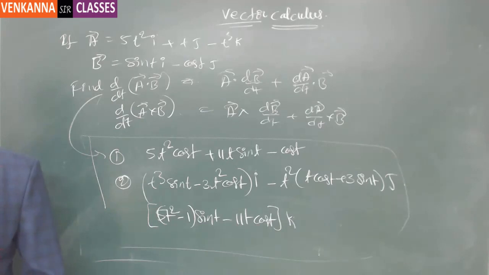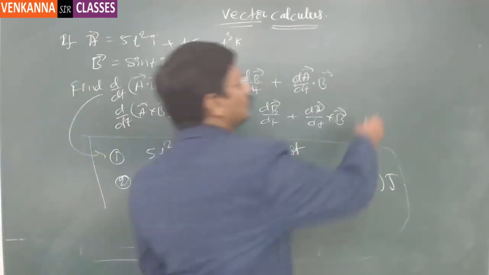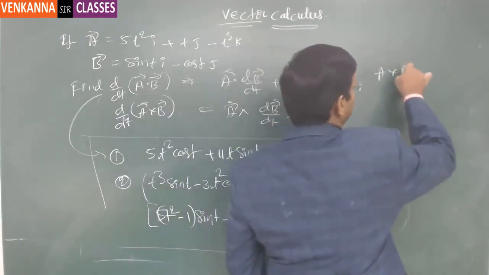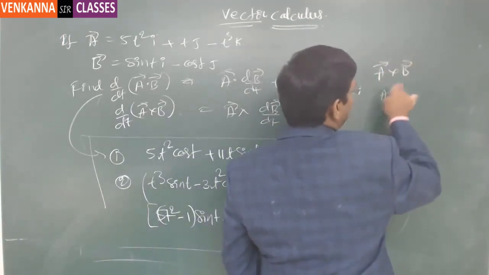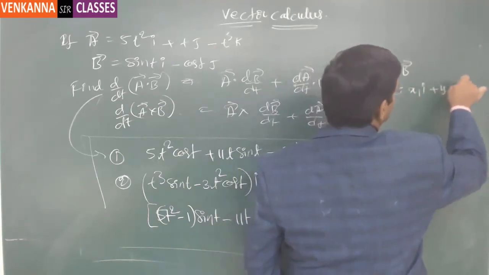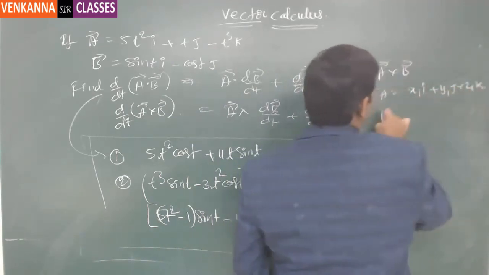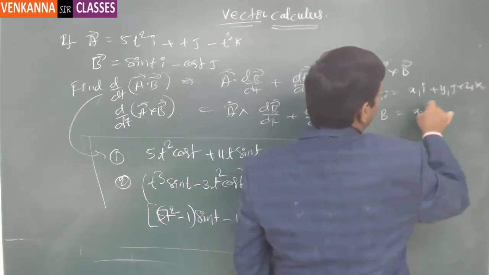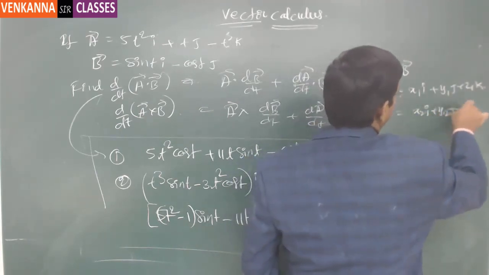Done? I hope you are aware of the fact that if you want to do the cross product, let us say A is equal to x1 into i plus y1 into j plus z1 into k, and B is equal to x2 into i plus y2 into j plus z2 into k.